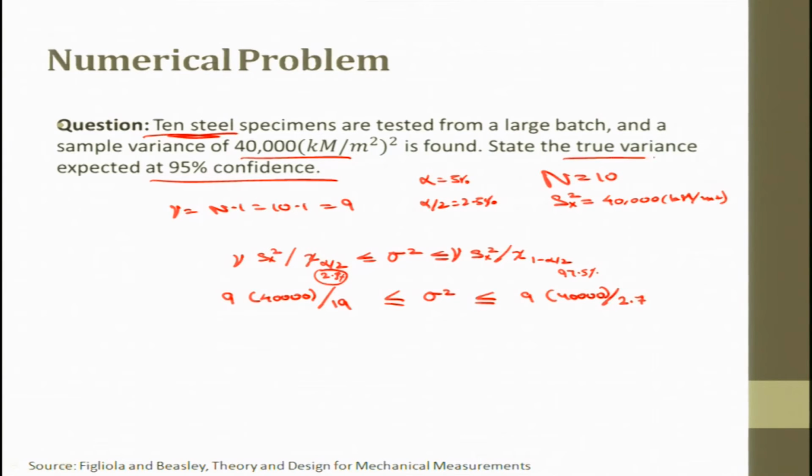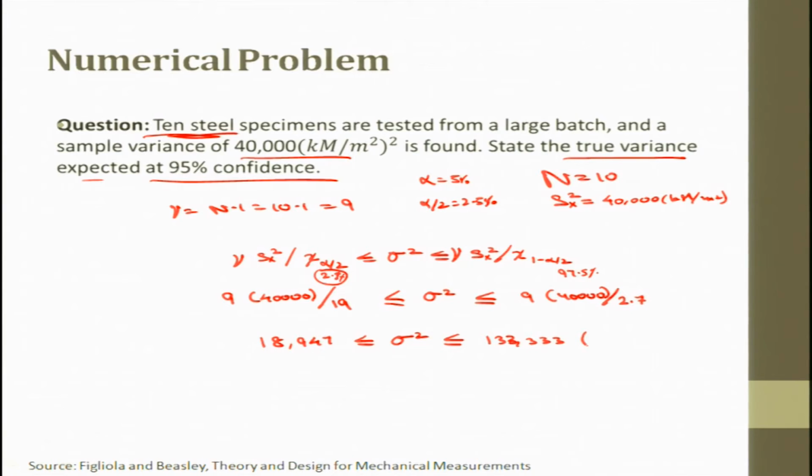Here it says to state the true variance expected. So the precision interval for the variance, if I calculate this, is 18,947 less than the variance for the population, which is less than or equal to 133,333.